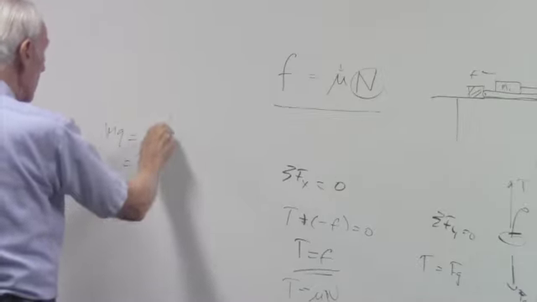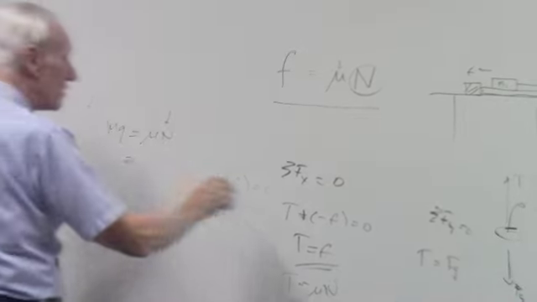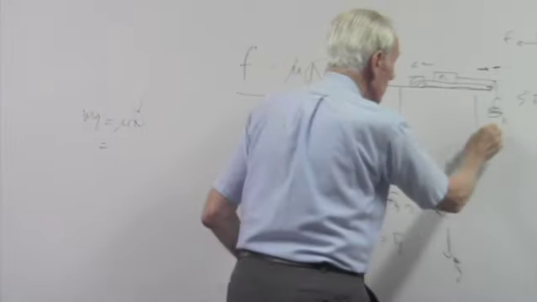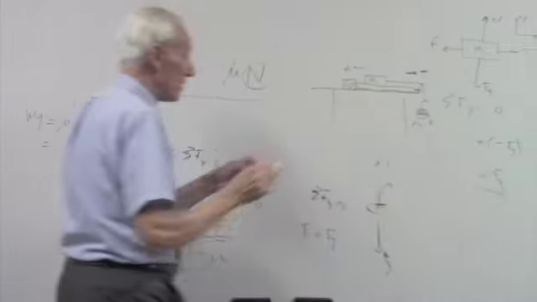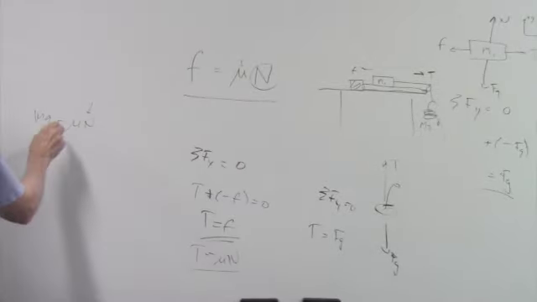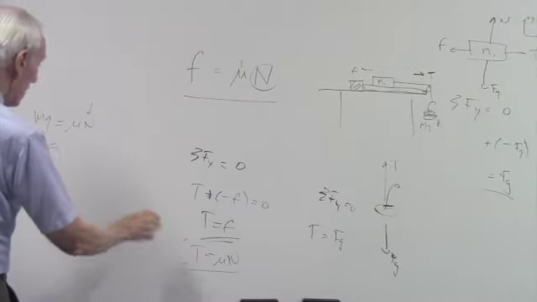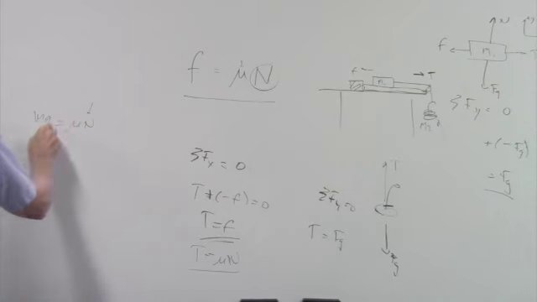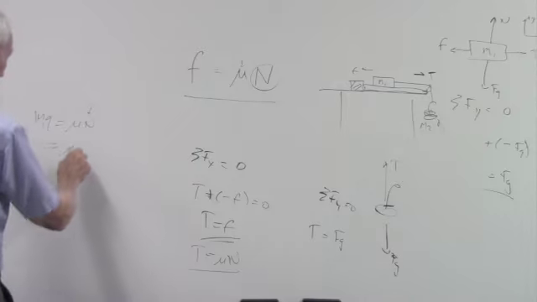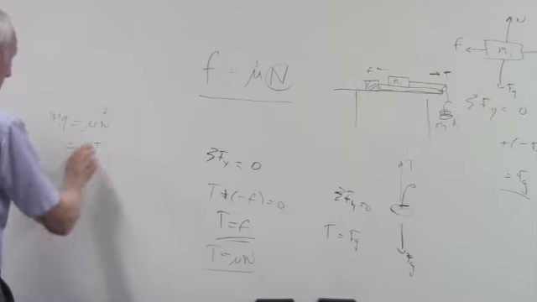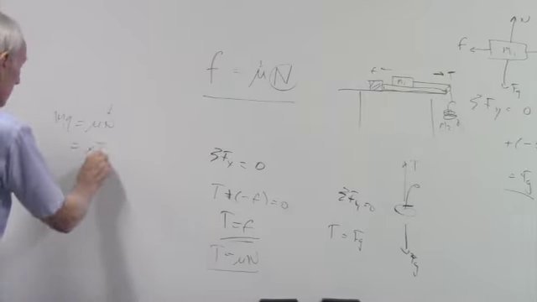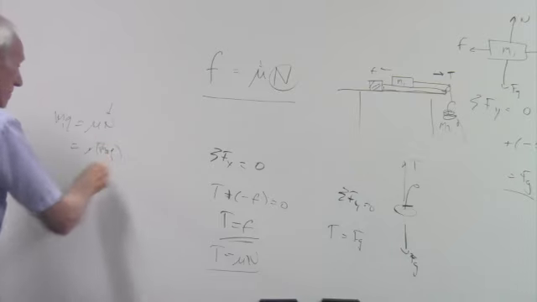And n is the weight. We'll call this mass 2 here. Since we have two masses, this is mass 1, and it's mu times the tension, which is mass 2 times g, right?